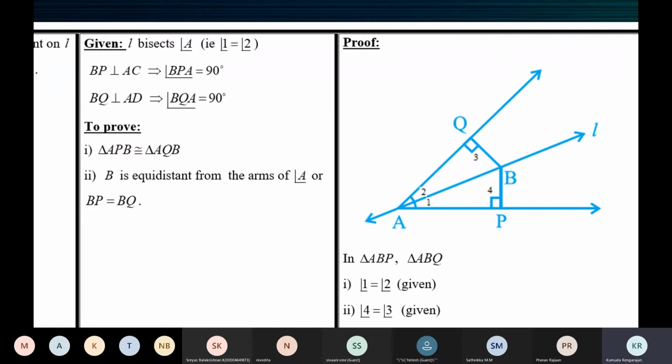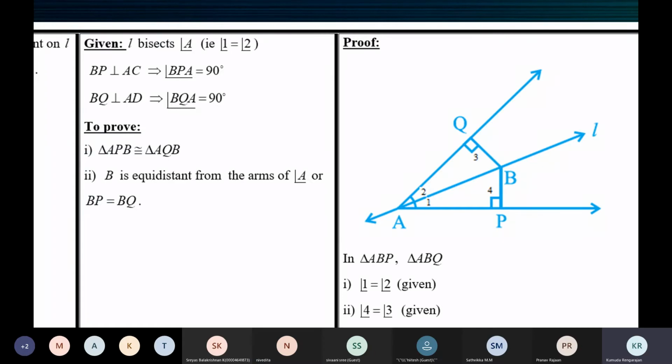Now tell me what is BQ? BQ is a perpendicular from the point B, ma'am, to the other arm of the angle.